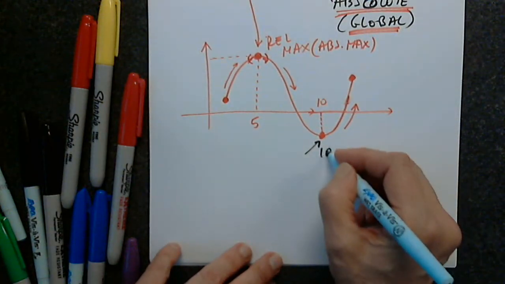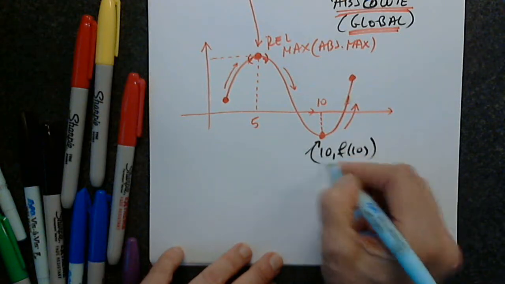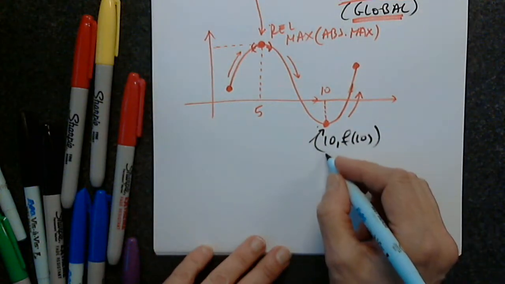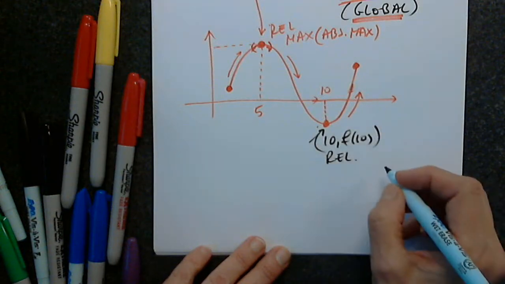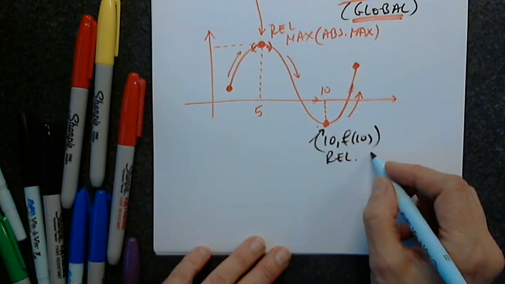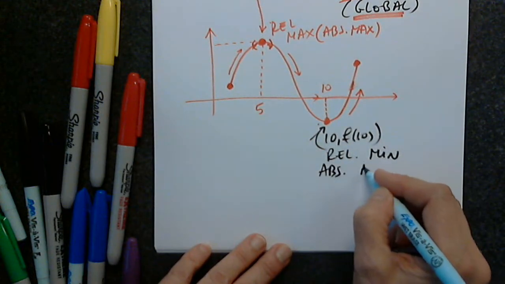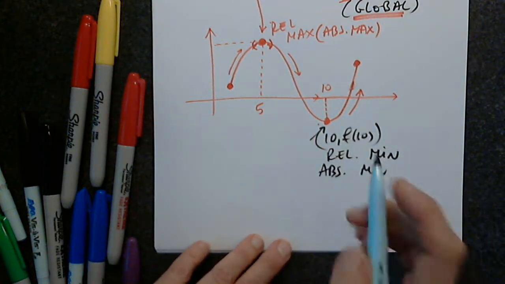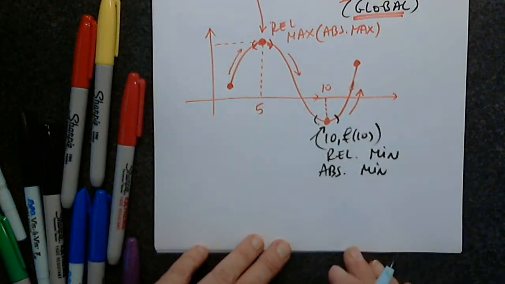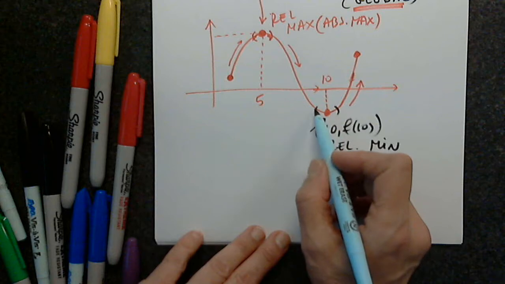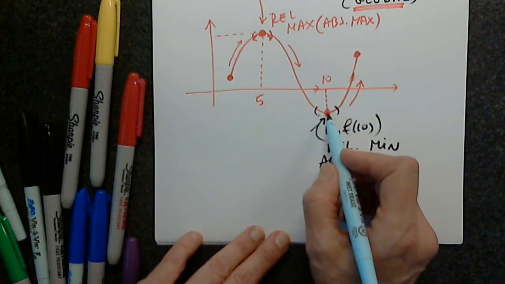Of course, 10 comma f of 10. What will this represent, this point? Definitely a relative, yes, and definitely an absolute. It's relative because I can show the open interval such that all functions' value are strictly greater than this one.